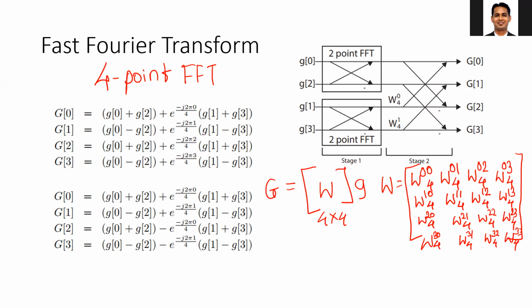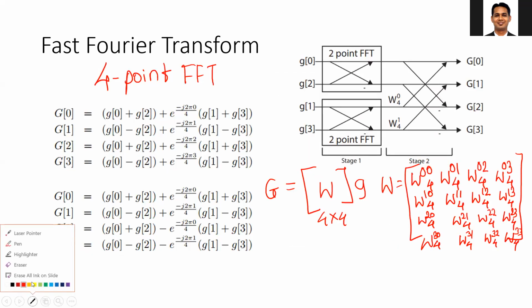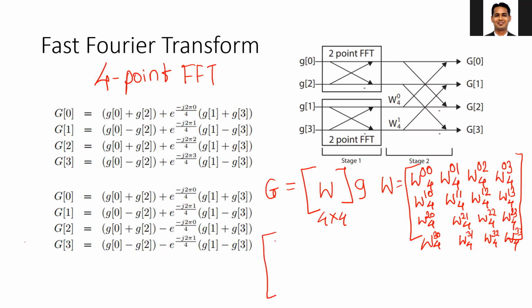For example, you can see that the first row will be 1, 1, 1, 1. That is quite straightforward. Then here also you will have 1, 1, 1. Then W 1, 1, 4: you will have e raised to minus j 2 pi times 1 times 1, divided by 4.